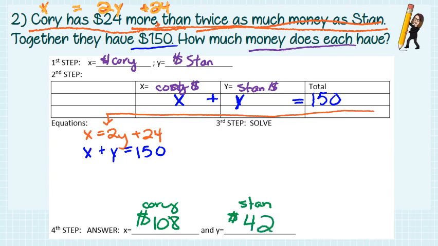If I add those together, I get 150. So that's true. Here's how I can check the second equation. If I double 42, that would get me to 84. And if I add on 24 more dollars, I end up at 108, which is what Cory has. So my equations make sense, my amounts make sense.